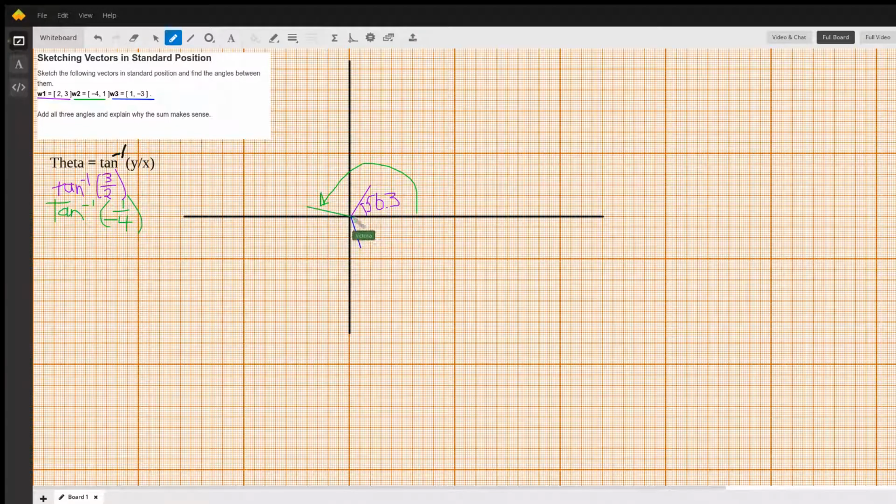Now, the tangent inverse gives us -14 degrees, because tangent inverse can only give you angles in here. But instead of this -14, we want to add 180 to it and get that angle. So this is 165.96.